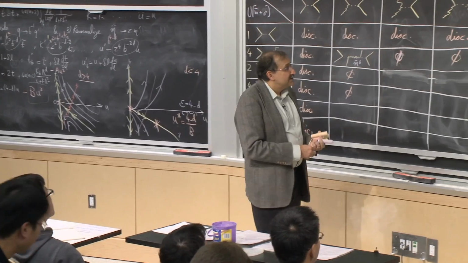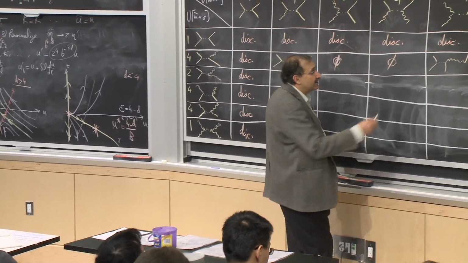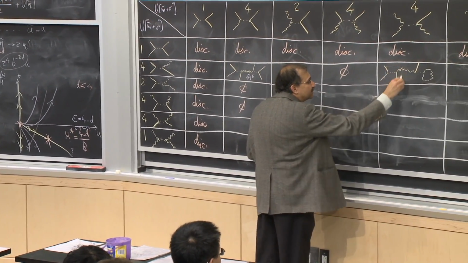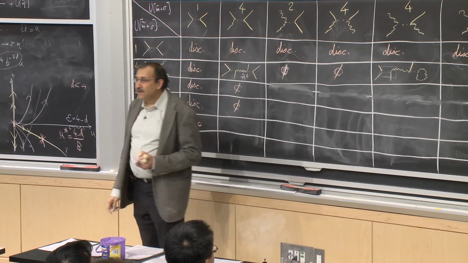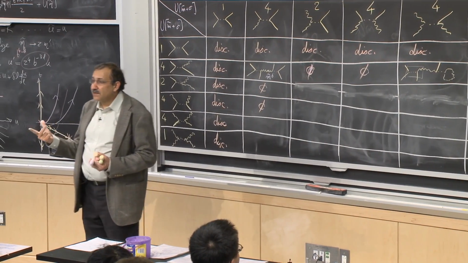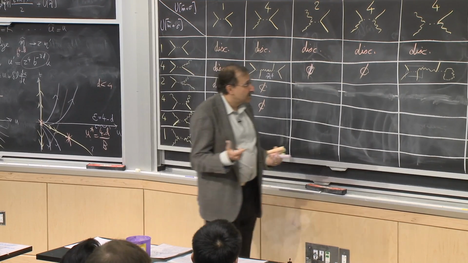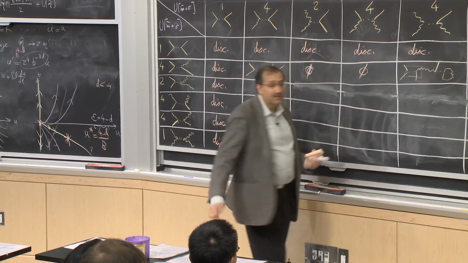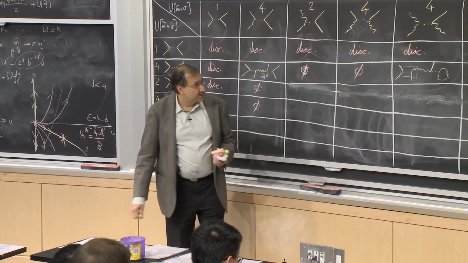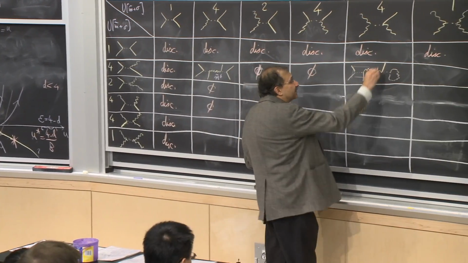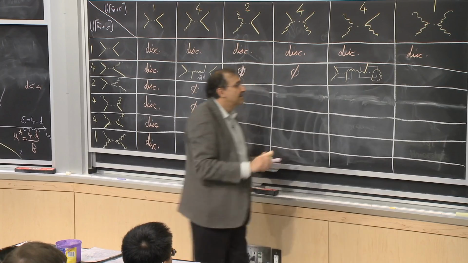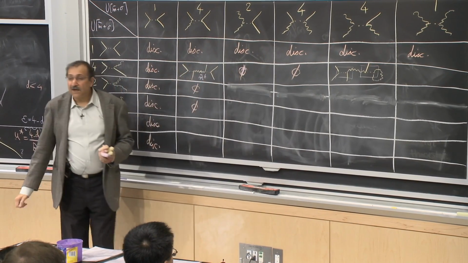The reason for that is the following. Let's look at this vertex over here. It describes 4 momenta that have come together, and the sum of the 4 has to be 0. Same thing holds here. The sum of these 4 has to be 0.